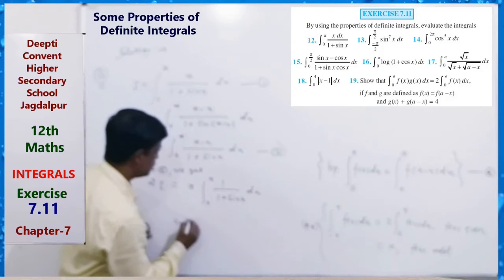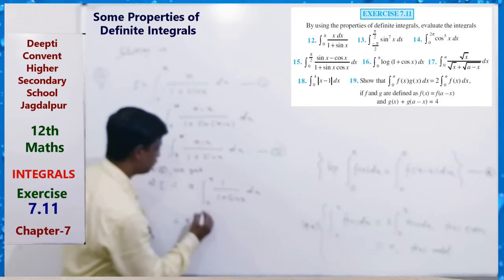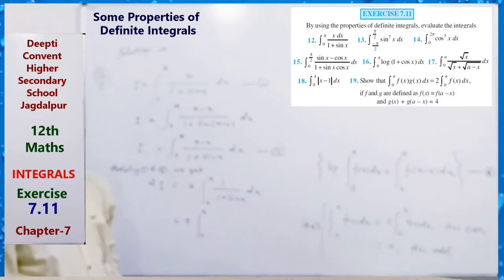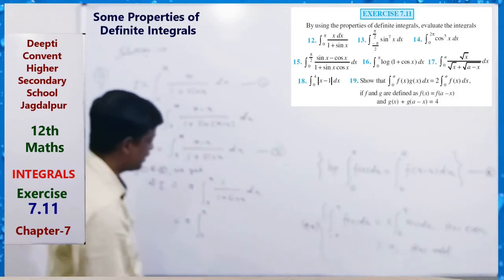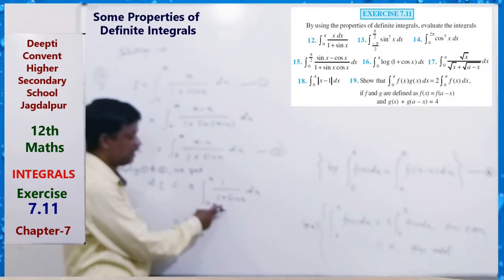Now we can solve this integral. How? For 1 plus sin x, we multiply the numerator and denominator by 1 minus sin x.